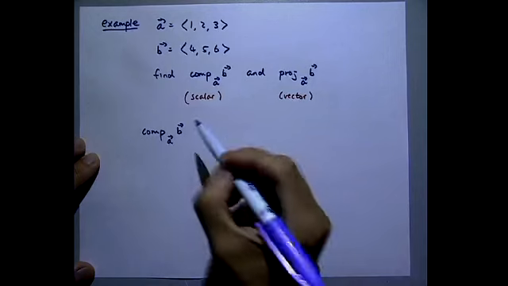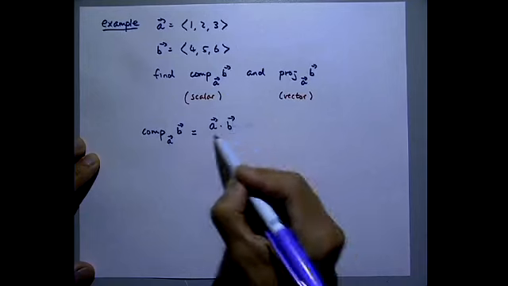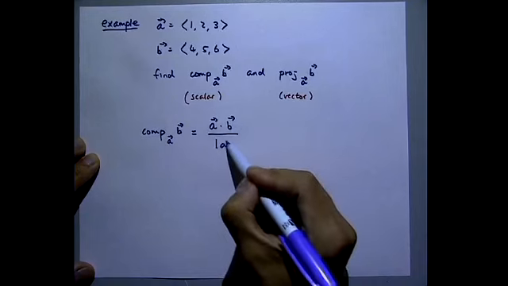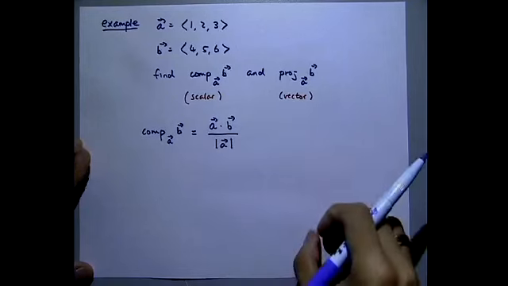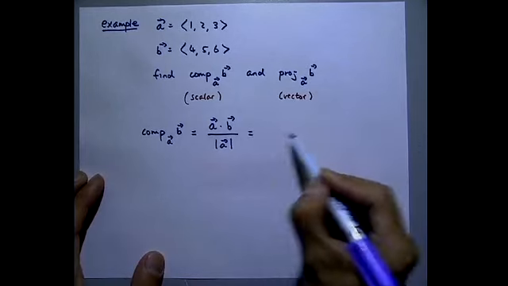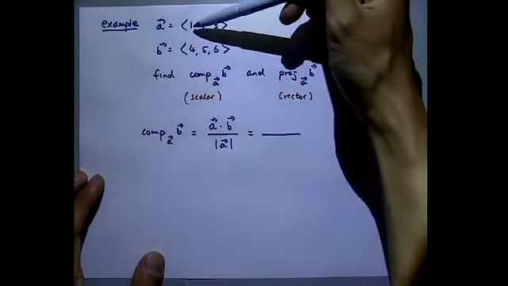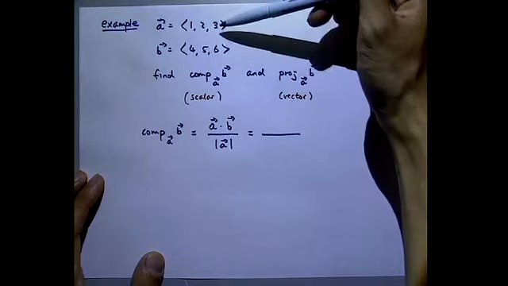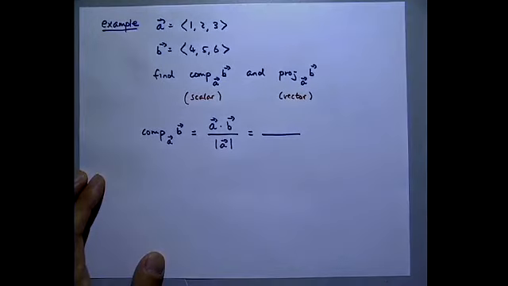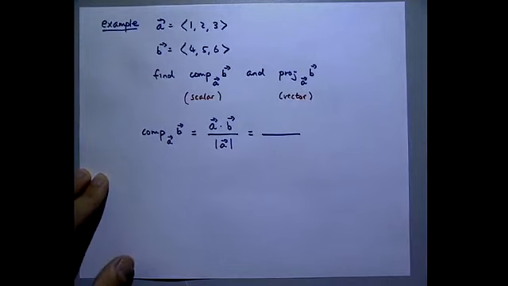All right, the component of B along A we saw earlier is A dot B over magnitude of A. So let's see, we get 4 plus 10 plus 18, and that's 32.